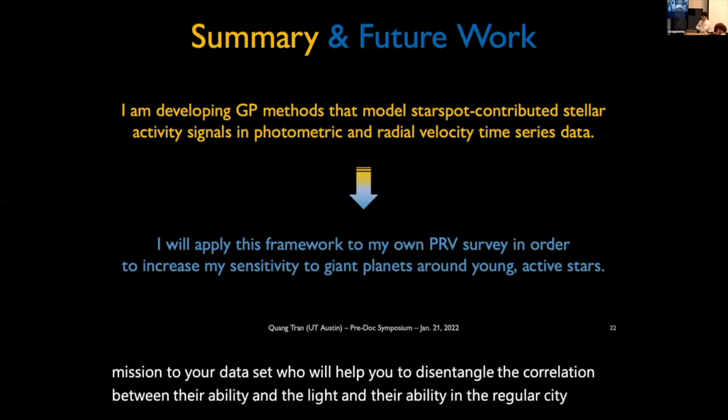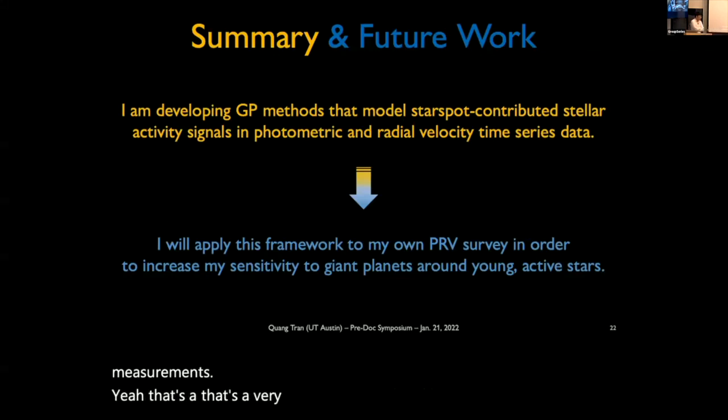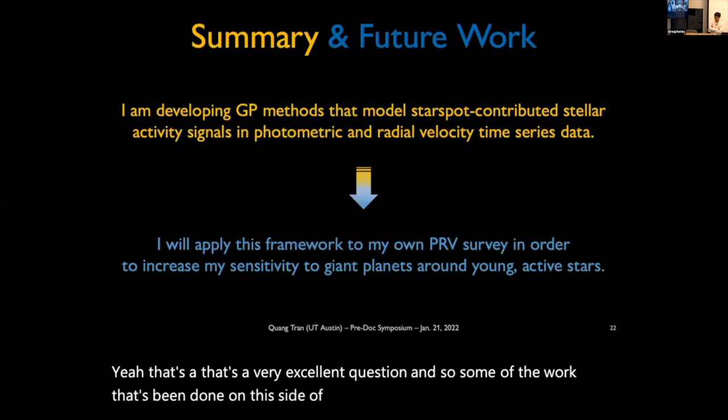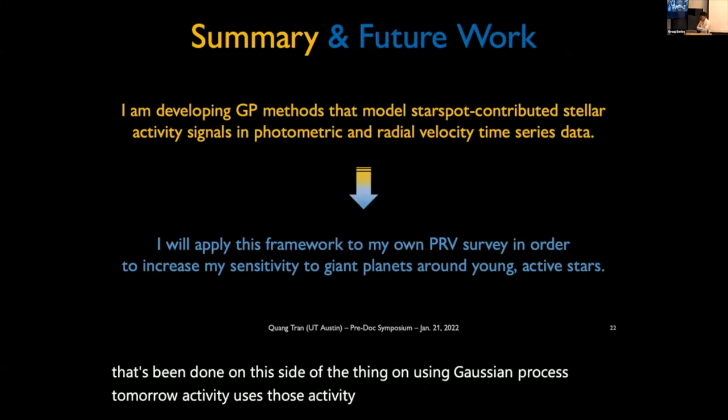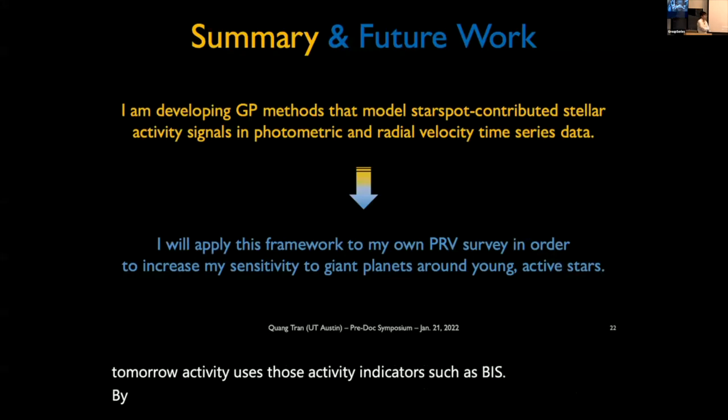Yeah, that's a very excellent question. Some of the work that's been done on using Gaussian processes to model activity uses activity indicators such as BIS, the CCF bisector span index, and whatnot. Those models typically use one latent Gaussian process.